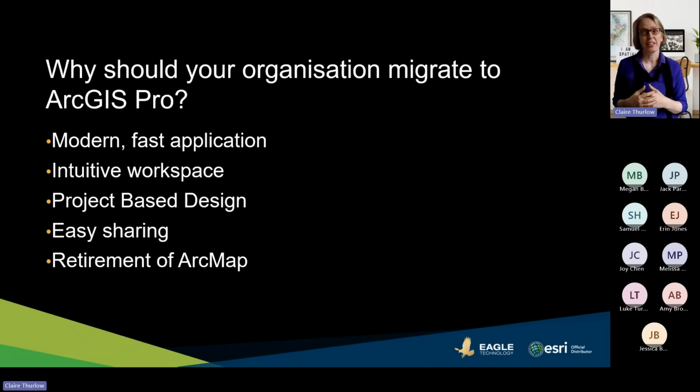The other really important thing to keep in mind when you're thinking about why your organization should shift to ArcGIS Pro is that ArcMap is being retired. If you don't shift to ArcGIS Pro and you retain your ArcMap licensing, you will be working on software that isn't supported by Esri any longer, and that inherently has some issues around what you can and can't do with the software.